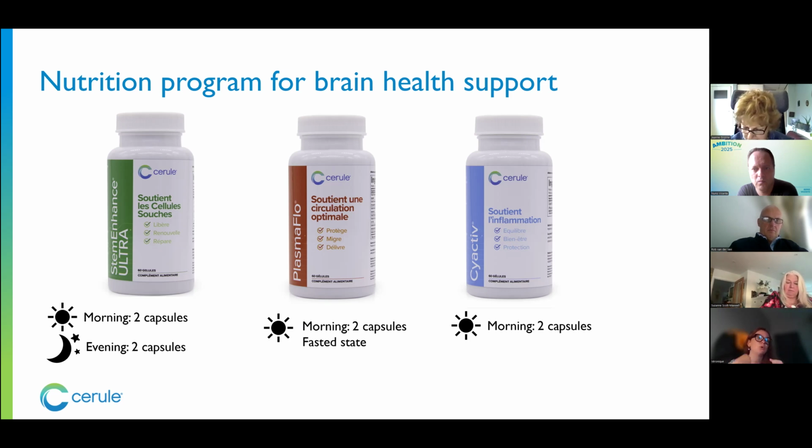Okay. Really to promote this repair system, the renewal and repair of the neuronal cells, but to keep 2 capsules of Plasma Flow and 2 capsules of Active, because as I said, it's not proportional to the quantity. So there will be an antioxidant and anti-inflammatory effect at this dosage.